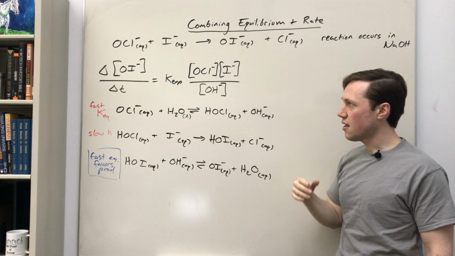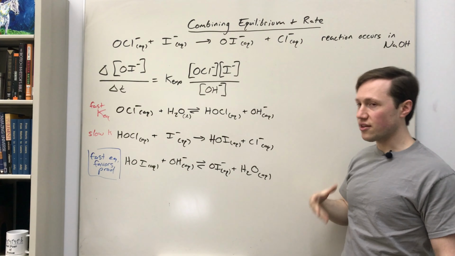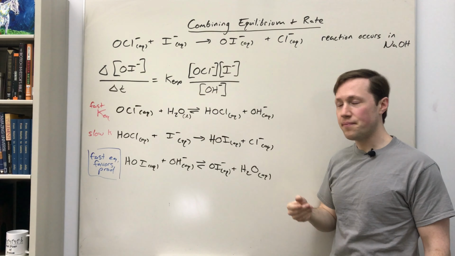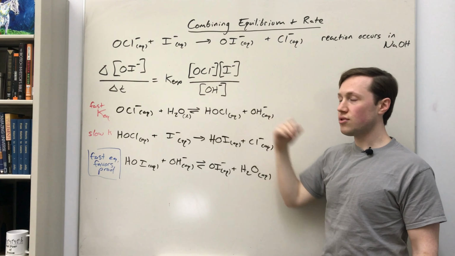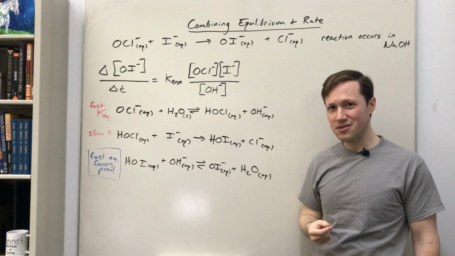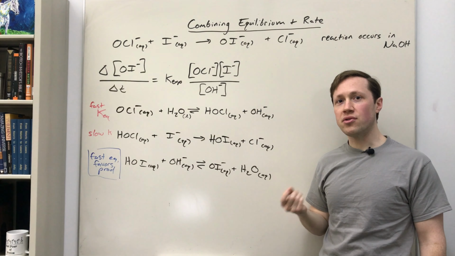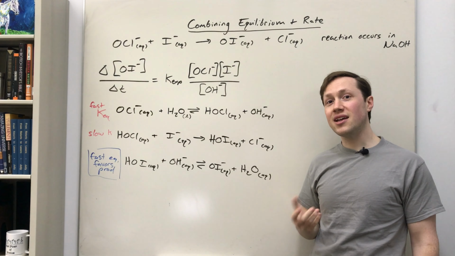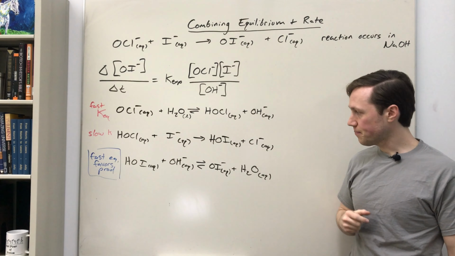That makes sense. However, when this reaction is run in basic solution, it's observed that increasing the basicity of the solution slows down the reaction. So let's look at the proposed mechanism to see if it can explain why that is the case.